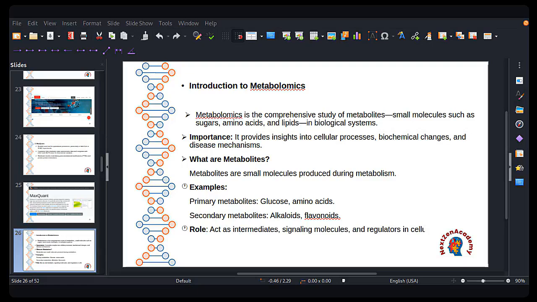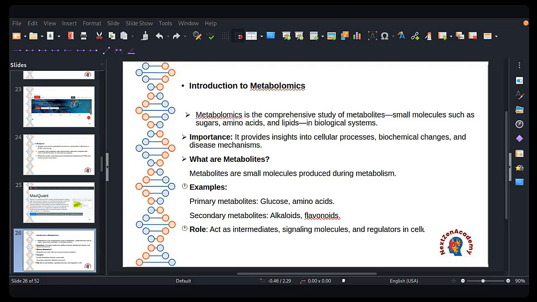The chemical reactions or all the body reactions where the conversion of energy takes place, right? And what are metabolites? Metabolomics is the comprehensive study of metabolites. So these are small molecules such as sugars, amino acids and lipids in a biological system.